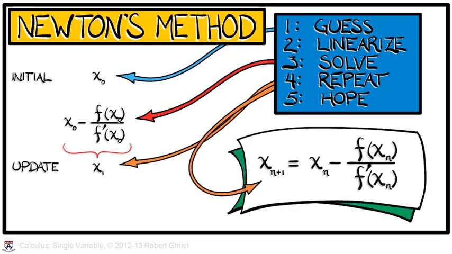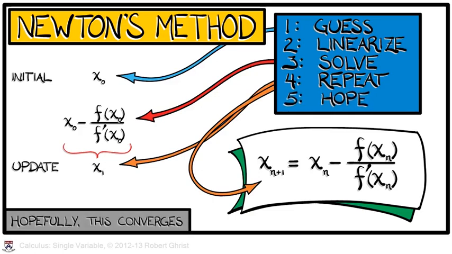And the repetition gives us a sequence of points x sub n, where the next term in the sequence, x sub n plus 1, is given by x sub n minus f of xn over f prime at xn. This is Newton's method. Now, hopefully, it converges.